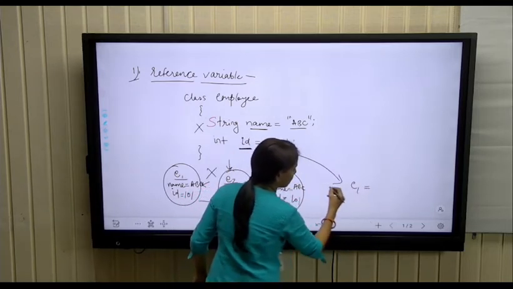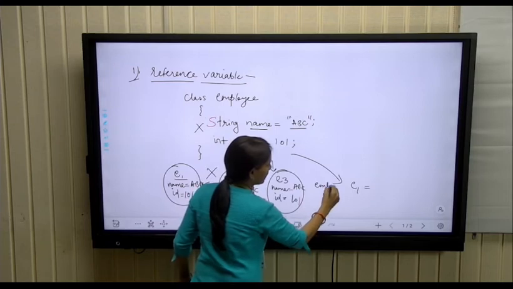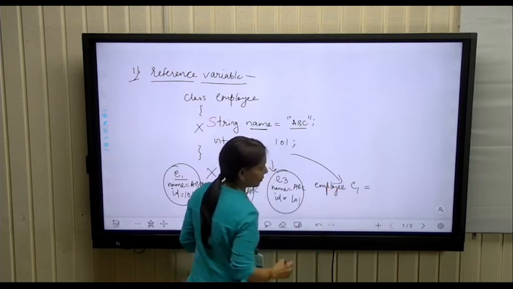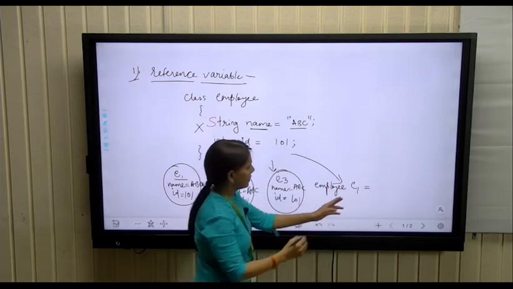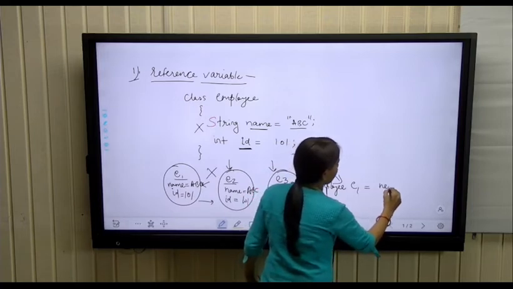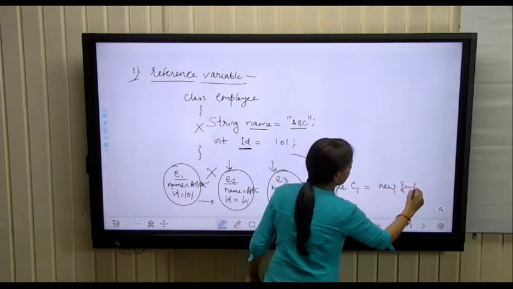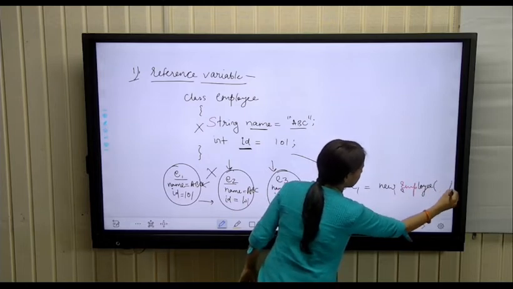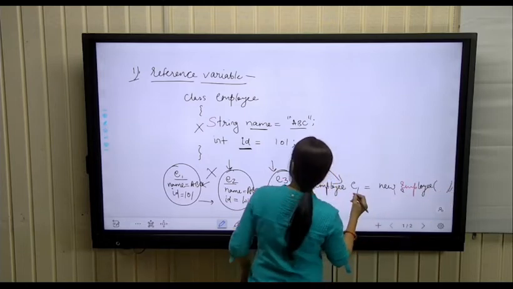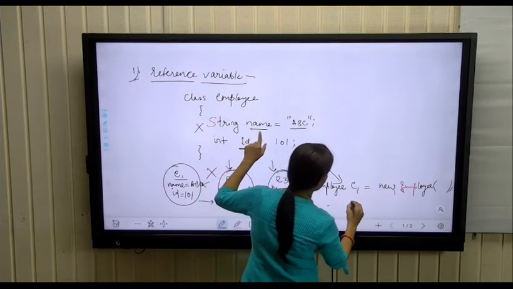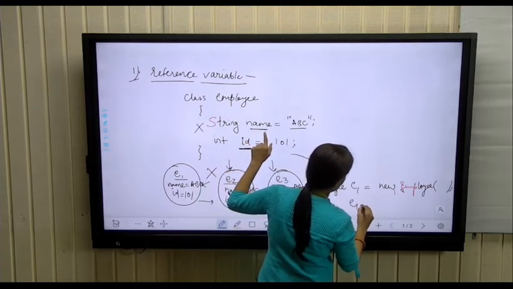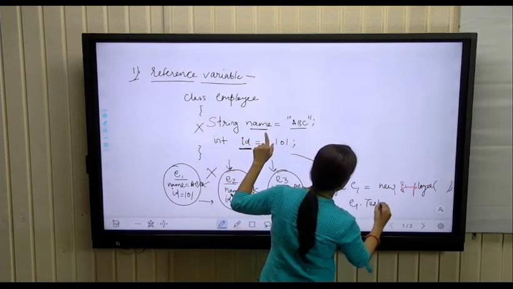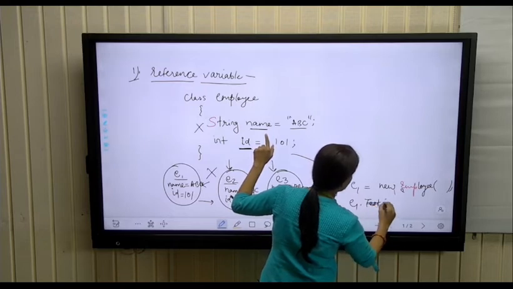Even suppose I am creating the objects over here, Employee E1 is equal to new Employee, and then E1 dot name, E1 dot employee.